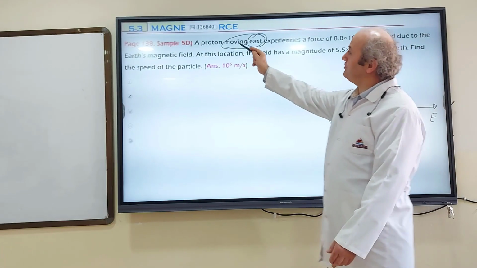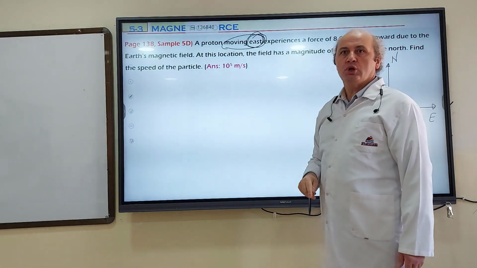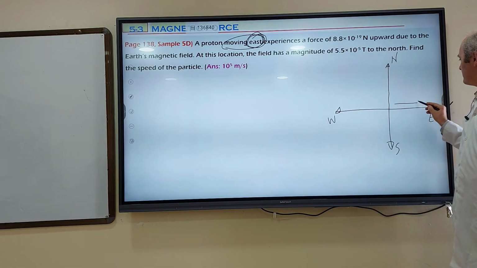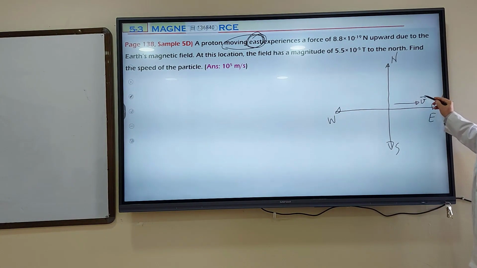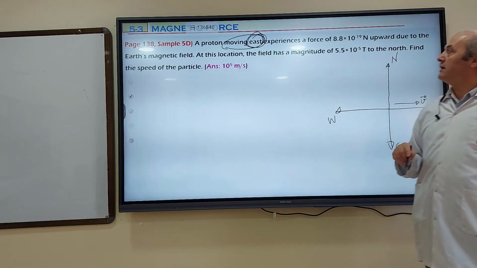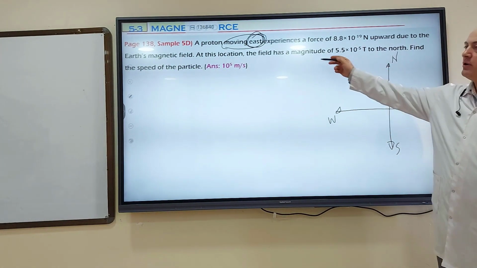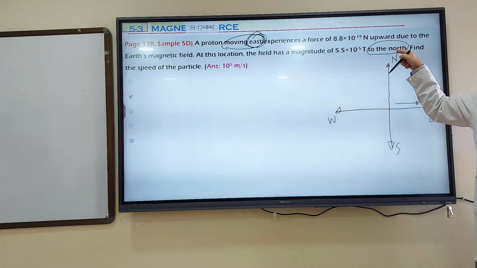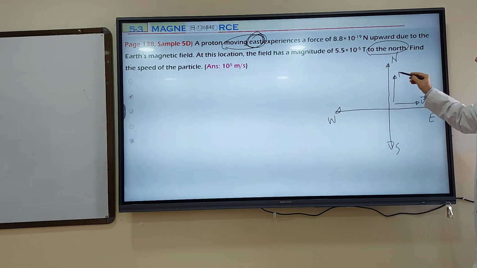Now according to this, the given proton is moving east, so you are going to draw the velocity vector to the east. V is going to be to the east. And this proton is inside a magnetic field, Earth's magnetic field. At that location, Earth's magnetic field is to the north. So B is to the north.